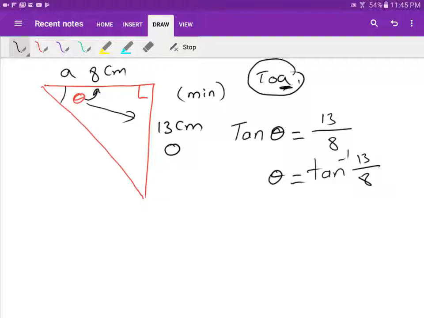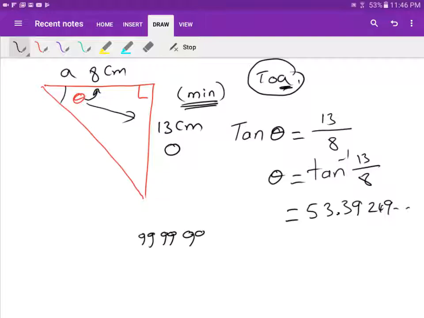Now, if you type that in your calculator, you should get 58.39249 and so on. So that's what you get. But don't forget to refer to the question. Is it nearer to minutes? If it's nearer to minutes, you press the degrees-minutes-seconds button. If you see your calculator, you see the symbol, depending on what calculator you have, of course.